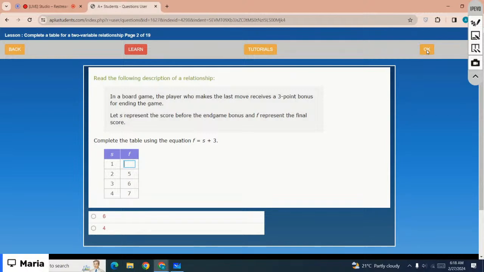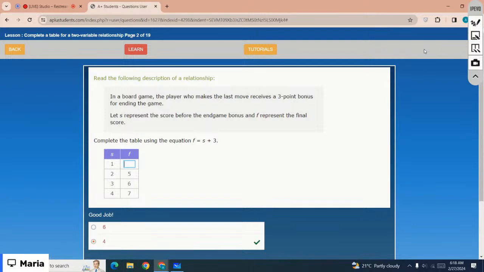The correct option is 4, right? You have to find the value of F when S equals 1. So replace the S with 1. So 3 plus 1 is 4. The correct option is 4.